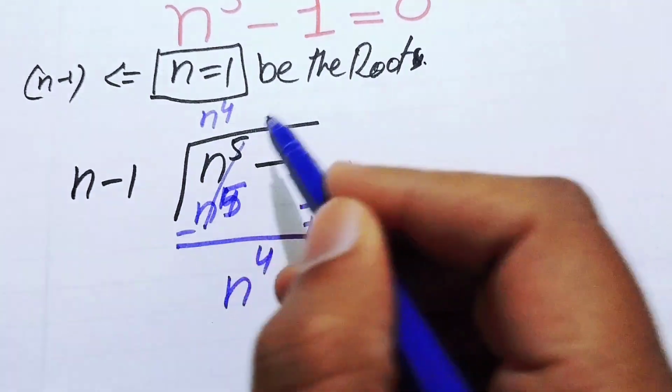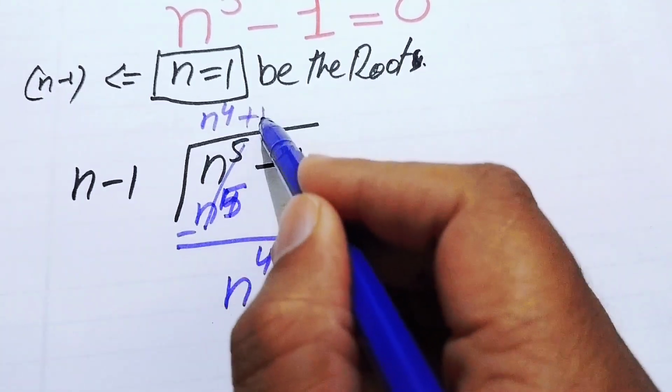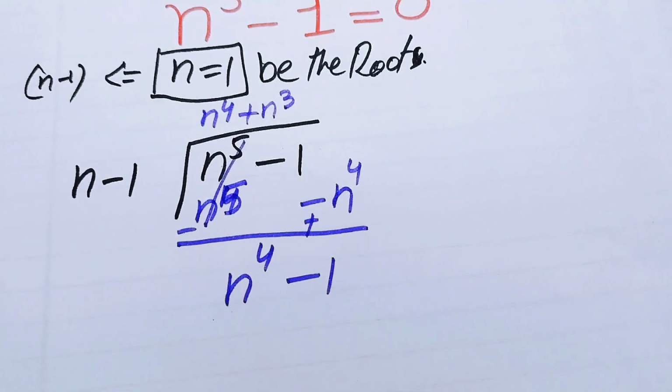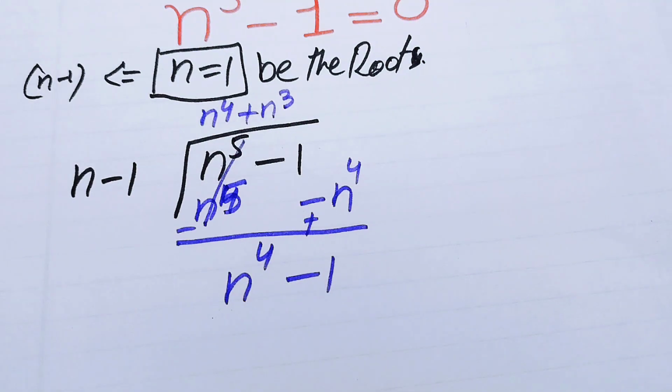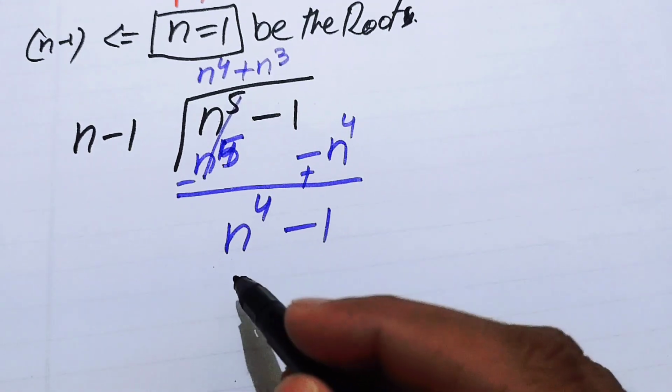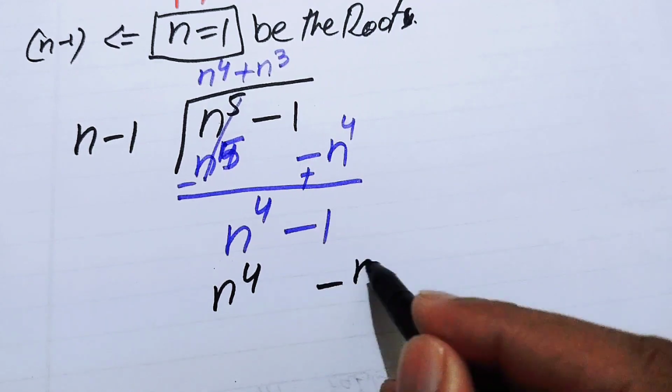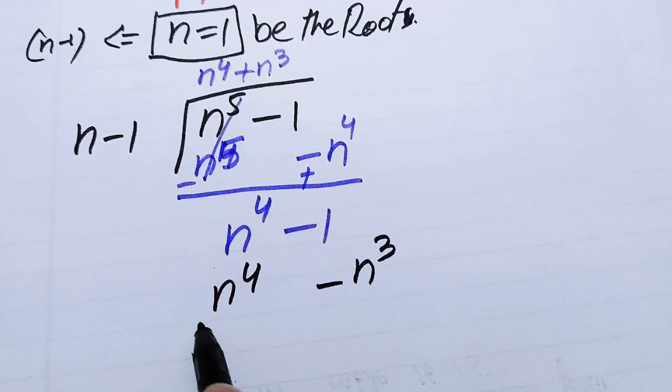So now you multiply by n cubed. When you multiply n cubed by this n, you will obtain n to the power of 4 minus n cubed.